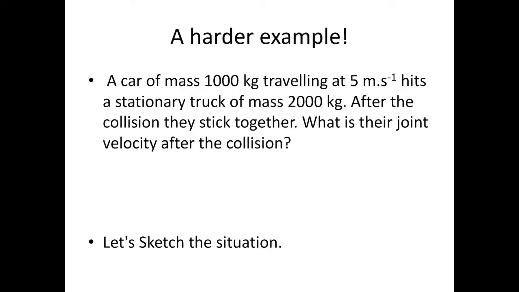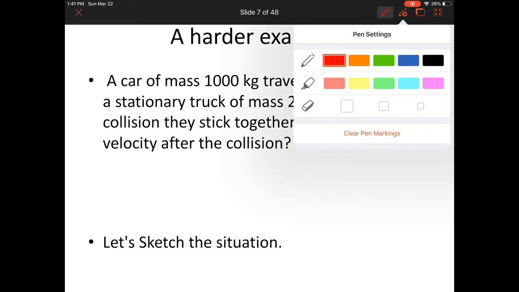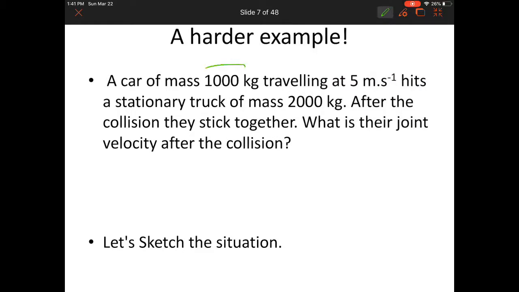What is their joint velocity after the collision? So let's keep some of these key numbers in mind. 1,000 kg traveling 5 meters per second hits a stationary truck, which means 0 meters per second, right? 0 meters per second with a mass of 2,000 kg.